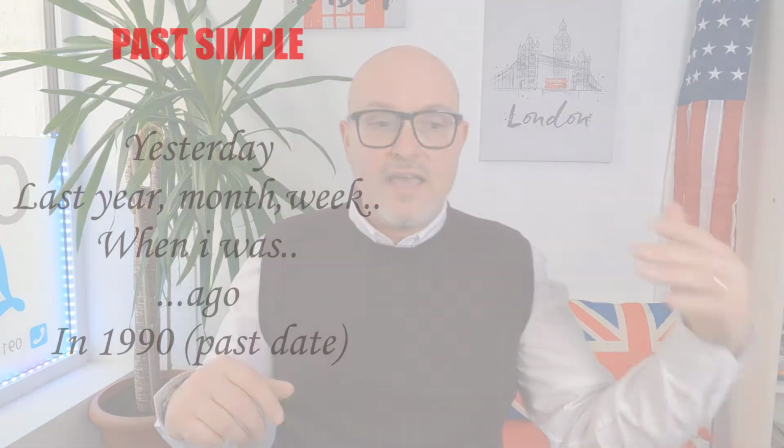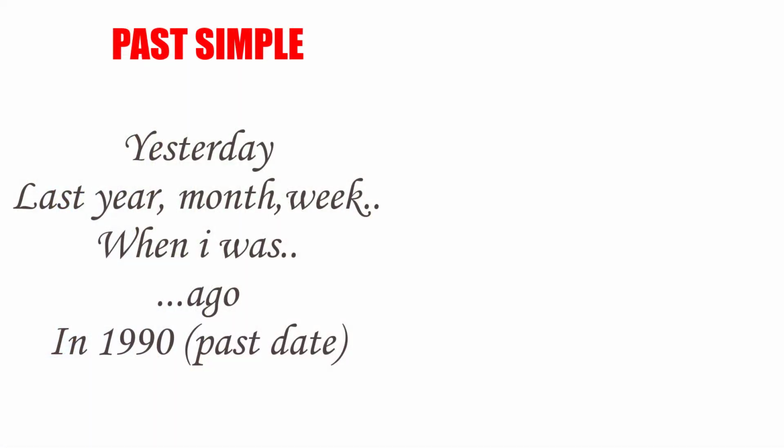I'm going to give you now some keywords that can tell you when to use one and when to use the other. So if you're doing a test at school, an exercise, when you see yesterday, last year, last Christmas, when I was a little kid, 10 years ago, 3 weeks ago, all these references to a specific point in time in the past, then you will use the past simple.